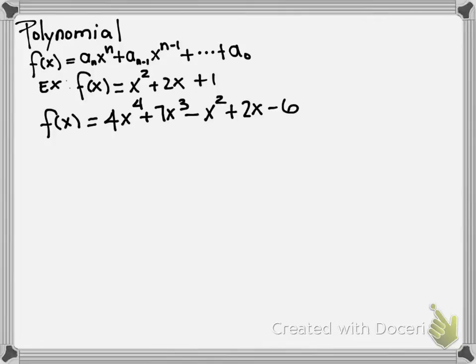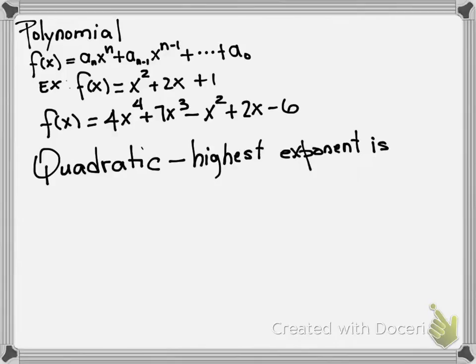Now, a polynomial can be a quadratic. The quadratic that we have been working with is where the highest exponent that exists is 2. Okay, the highest exponent is 2. A polynomial also can be cubic, which means the highest exponent is 3.